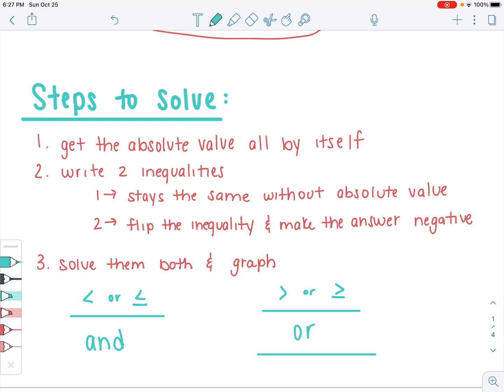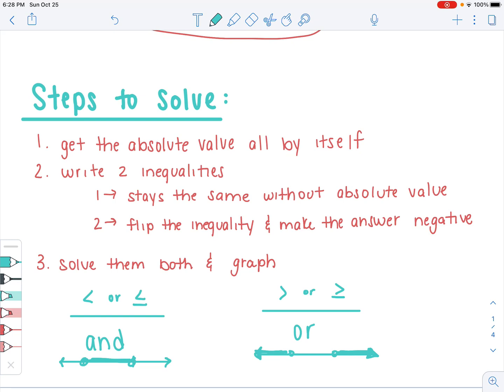So their graphs are the ones that go out to the sides. The less than graphs are the ones that go in between. And you'll be able to see this once you start graphing your answers and looking at the actual solutions that you get. But just as a helpful hint, anytime you see a less than sign, you should have an and graph at the end. Anytime you see a greater than sign, you should have an or graph at the end.